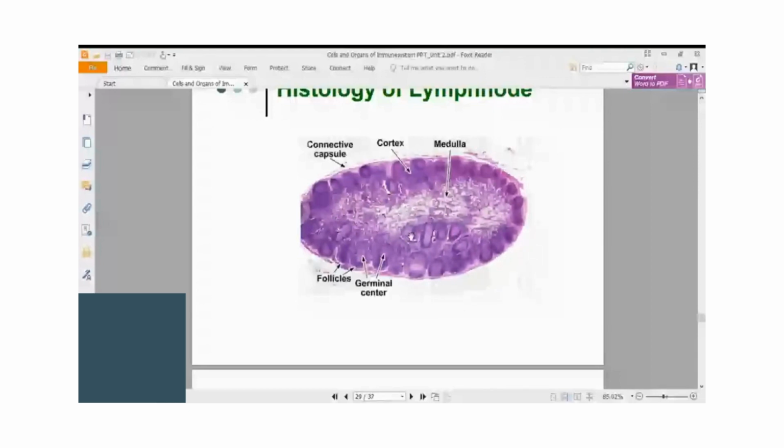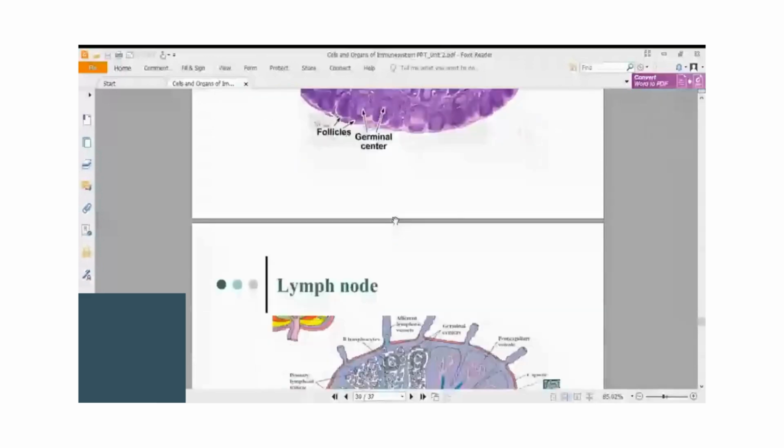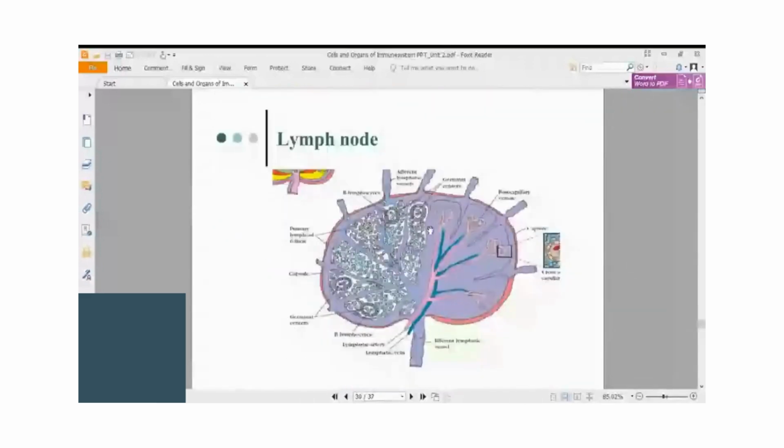So the light zone is meant for the activated TH cells and the B cells, whereas the cortex area, which is the dark zone, is meant for naive T cells and B cells to arrive and remain there for a short duration.